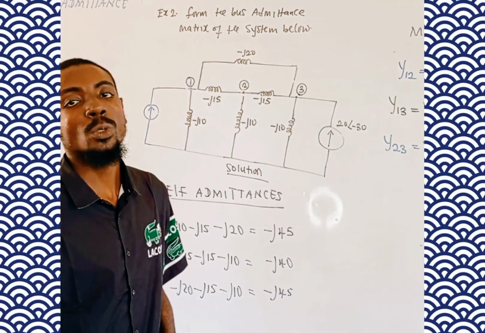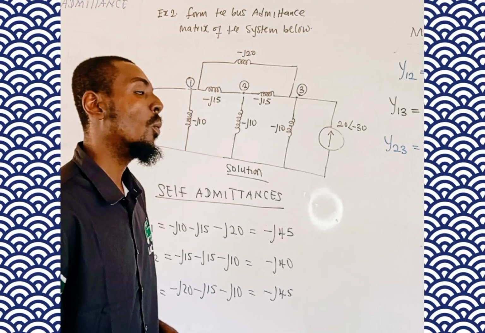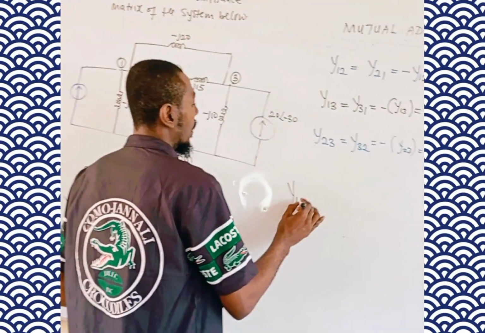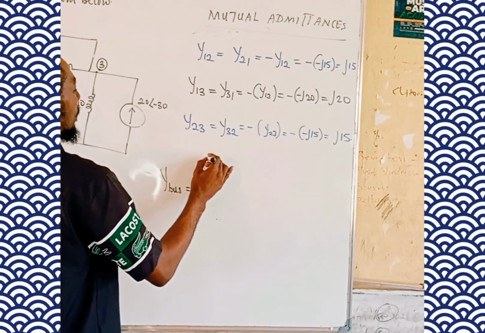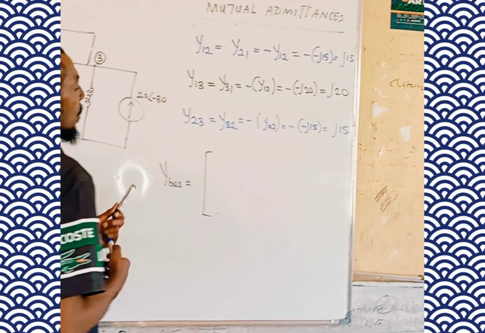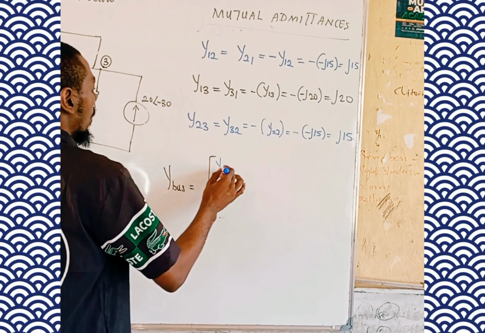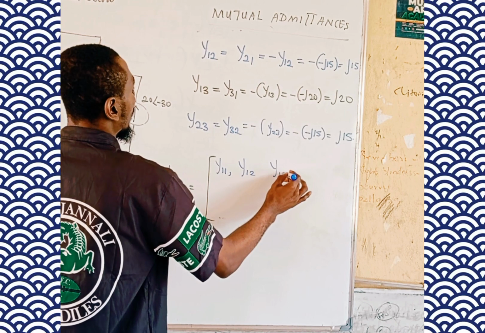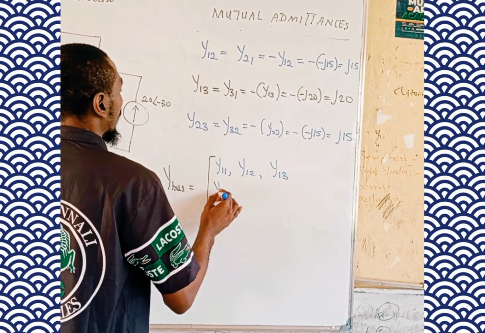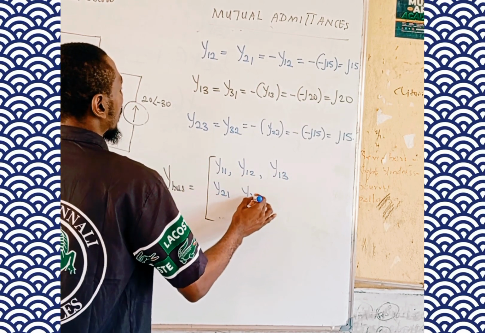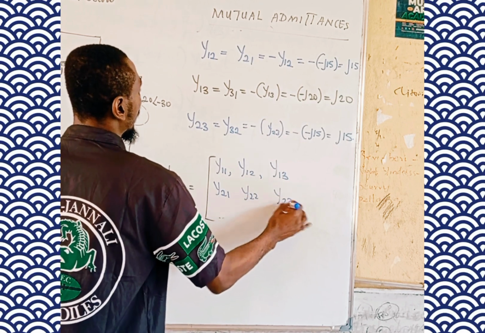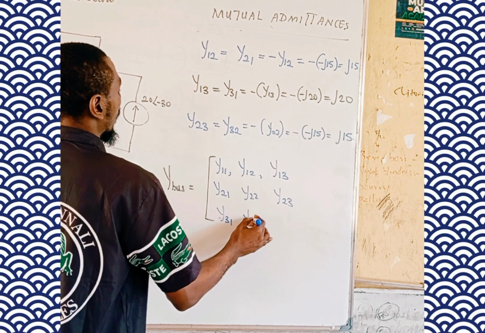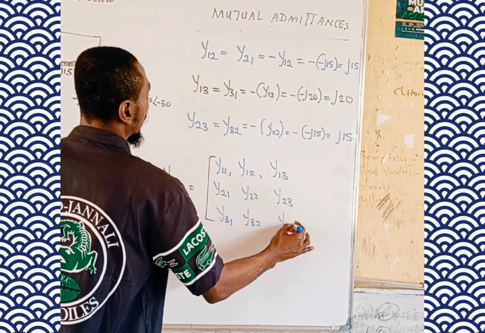Then the next thing is to draw out the Y bus. The Y bus is equal to Y11, Y12, Y13, Y21, Y22, Y23, and finally Y31, Y32, and Y33.